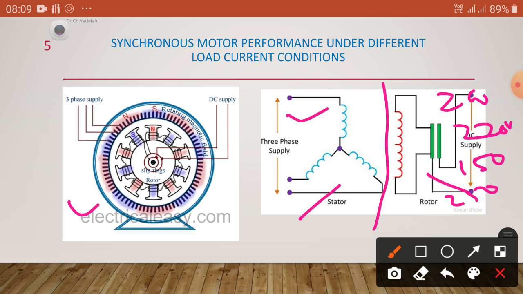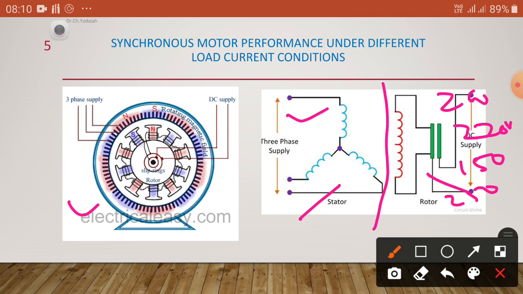Okay. So, by giving the excitation under normal condition, for example 220 volts, what are the significant changes that take place in the motor? If the voltage is reduced from 220 to 150 volts, what is the performance of the motor?